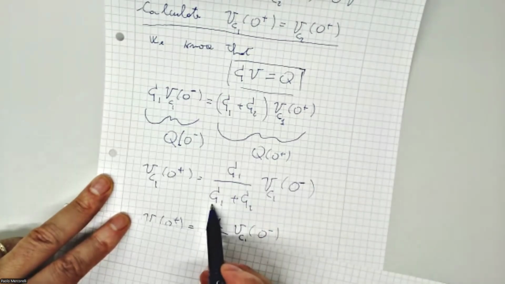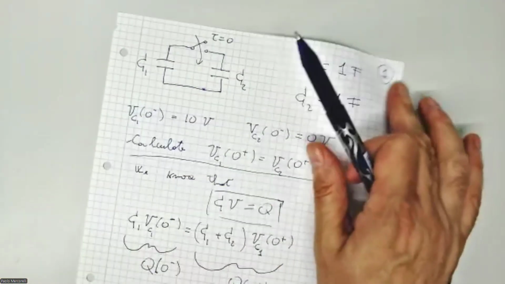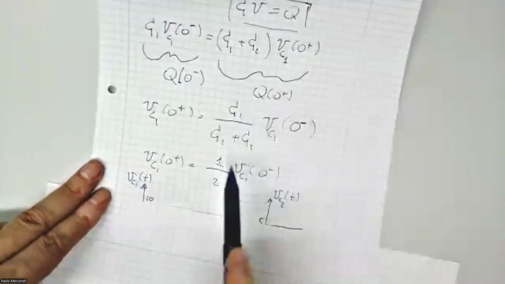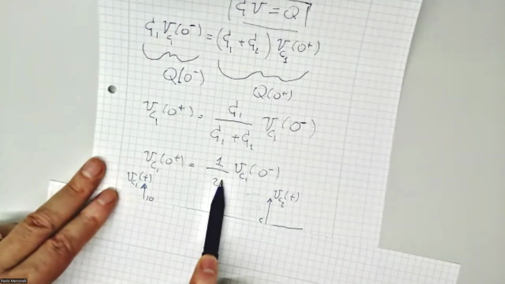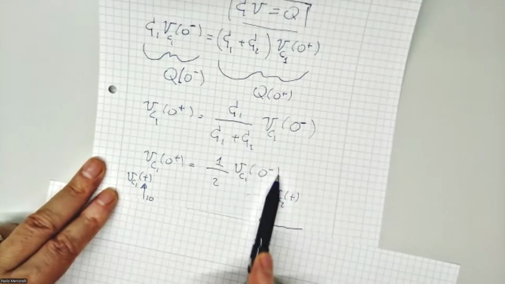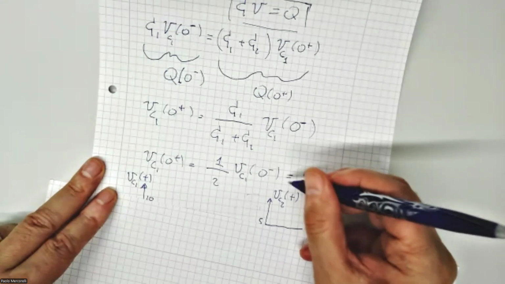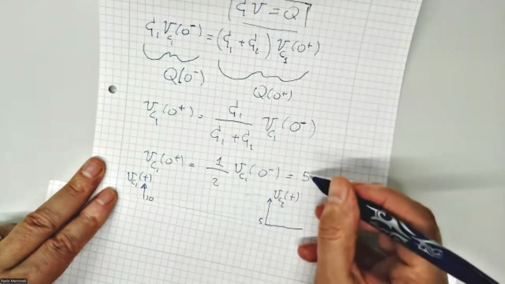C1 divided by C1 plus C2, multiplied by this, which is known. 1 divided by 2 in accordance with our value, but it could be any kind of value for C1 and C2. If you want, I can write exactly, it's fine, because this was 10.